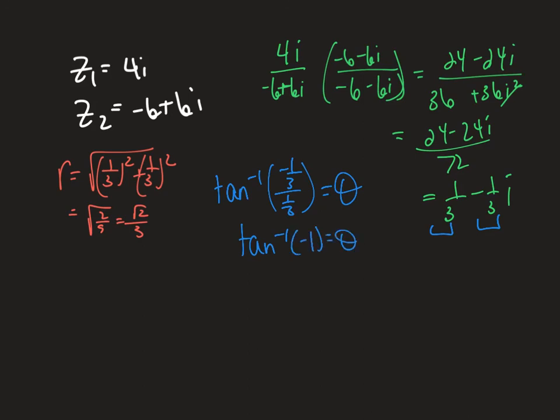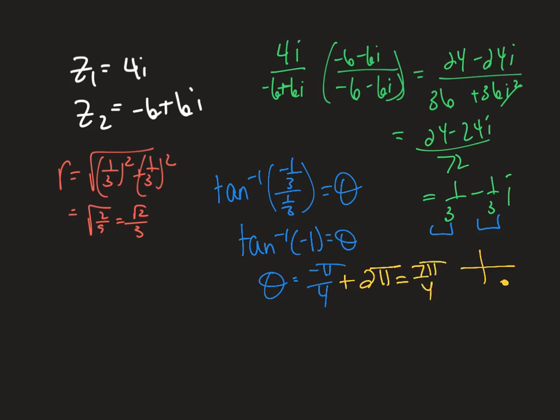When you do that in your calculator, it's going to give you -45 degrees or negative pi over 4. If you had graphed that, you would see that it's down here in that quadrant. So it's in the correct quadrant, but remember, you want to write it as a positive angle between 0 and 2 pi. So you're going to add 2 pi to that and get 7 pi over 4.